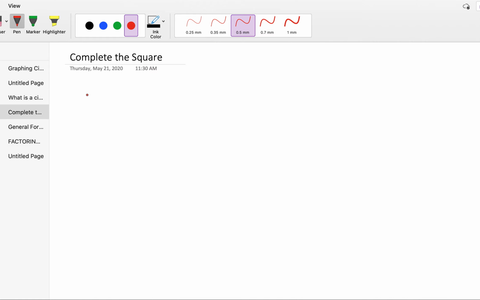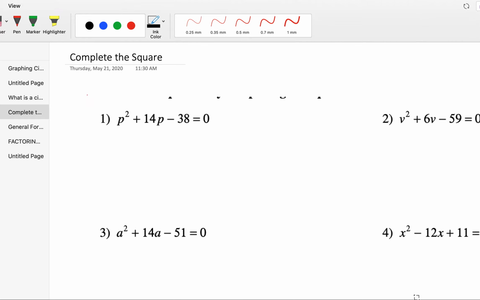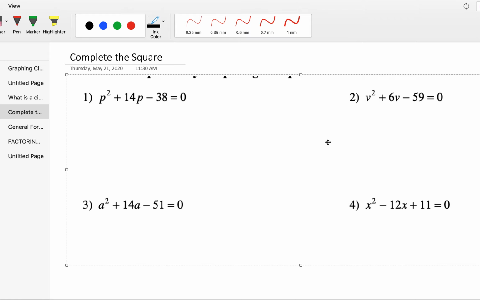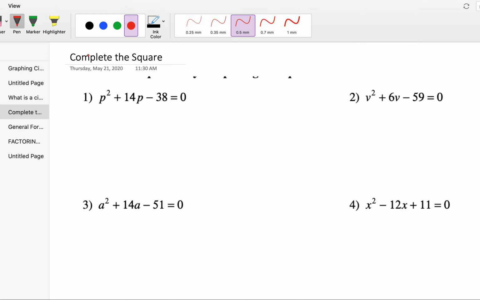So if we look at completing the square, we have a couple of problems here we can look at. So when we're completing the square, if it makes you more comfortable, you can turn this into an x. Sometimes students aren't as familiar. X can be really any variable.